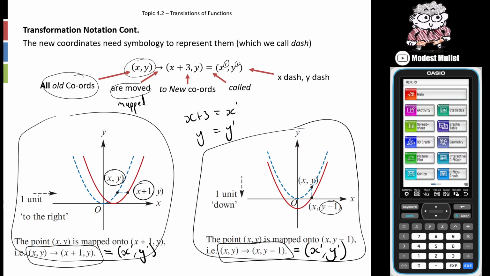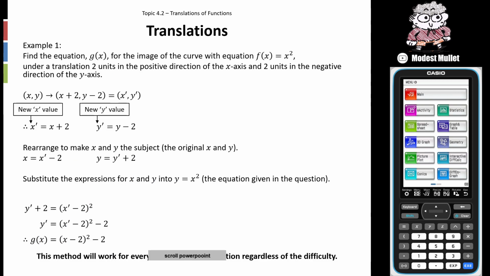Okay, and that gives us some notation now to talk about what transformations are occurring. We're starting with something, we're doing some mapping that involves this set of instructions.